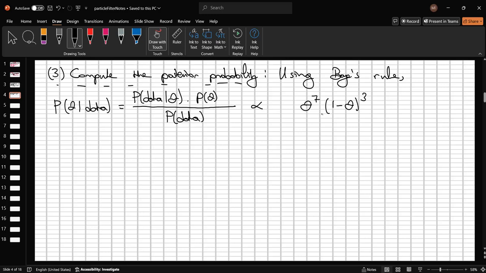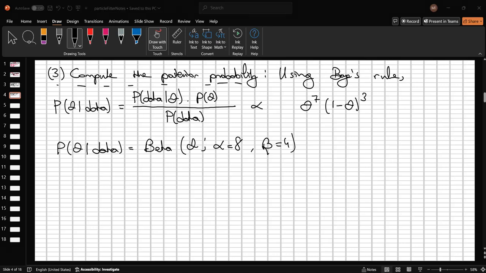Then we can write that this probability equals a beta distribution of theta with alpha 8 and beta 4. This is prior knowledge about the beta distribution. You need to look at the beta, and in order to find these values, we can model it based on these conditions. This is utilized for the 0 and 1 conditional probability distributions in probability theory.